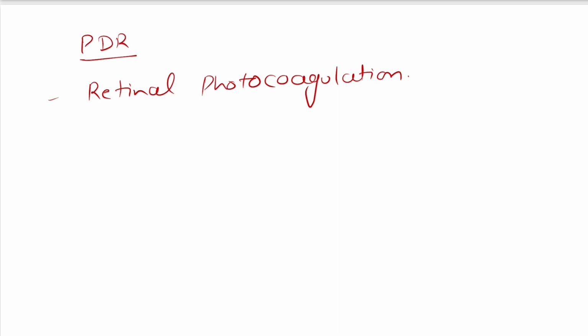As we complete the topic here, let's take one minute to revise the whole video. What is diabetic retinopathy? This is the problem of the retina in diabetes patients. What are the risk factors? These are duration, poor control of blood glucose, pregnancy, and hypertension. Should we screen for it? Yes.